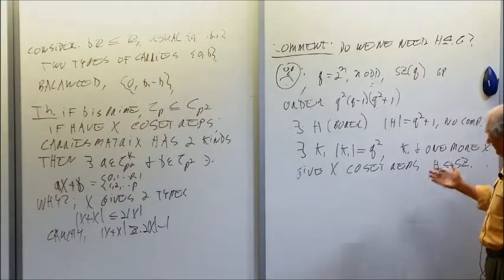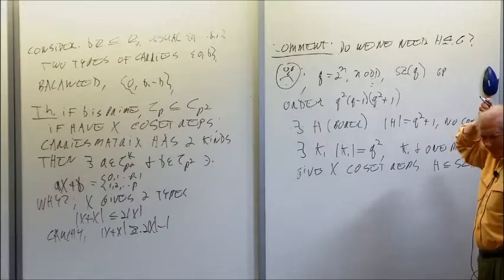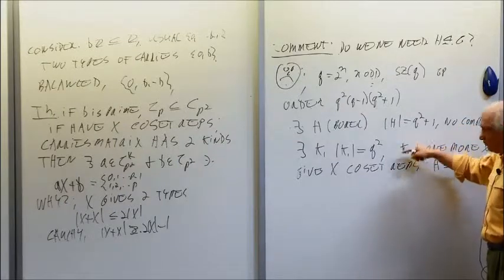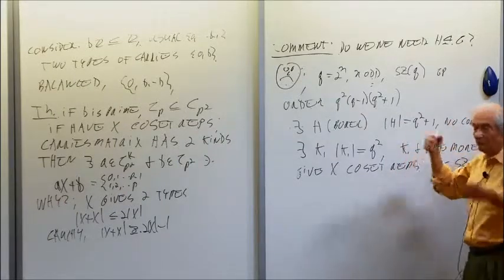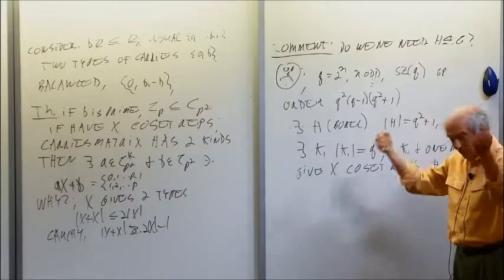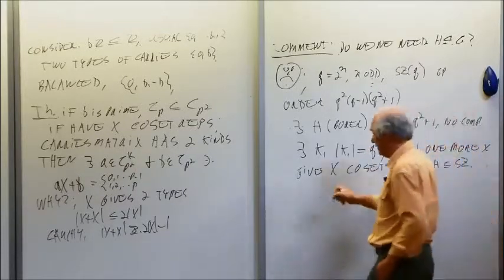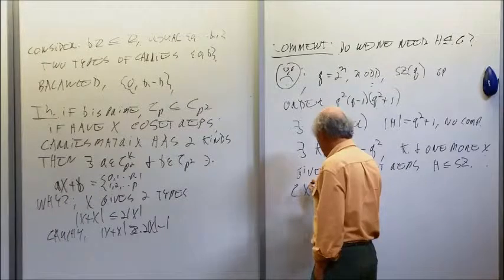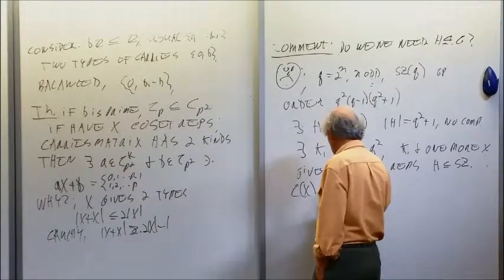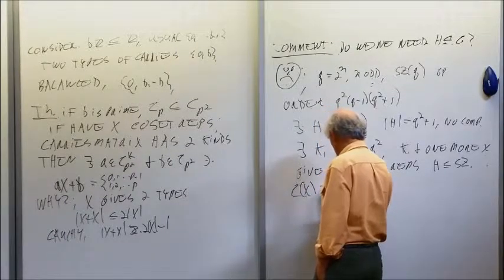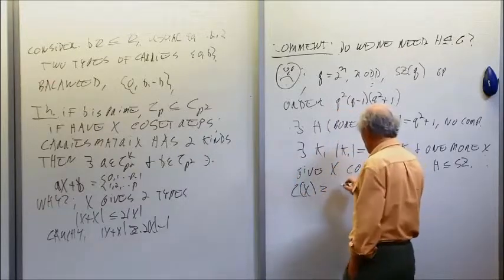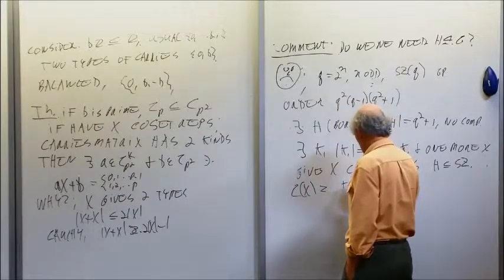And how about the carries? Well, since K1 is a group, the product of all of those things is always still a coset representative. So C of X is bigger than or equal to, you might have, but it's the size of K1 squared.